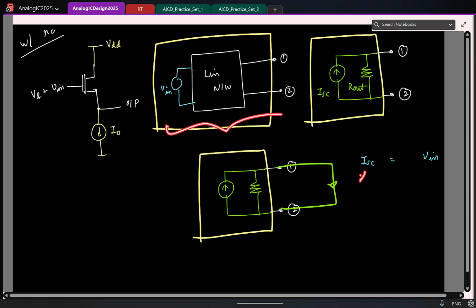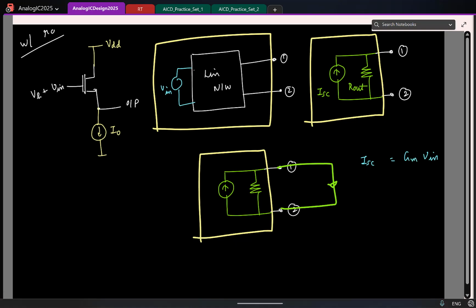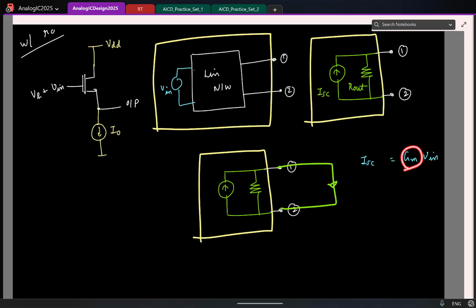So how will the short circuit current be related to Vin? It's a linear gain, so we'll call this some Gm. It's a linear network, so the input and output quantities will be related in a linear fashion, and the proportionality constant is what we call Gm. So if I look at my total Vout, it is my short circuit current times Rout, and the short circuit current you will have because there is some Vin in the circuit, right?